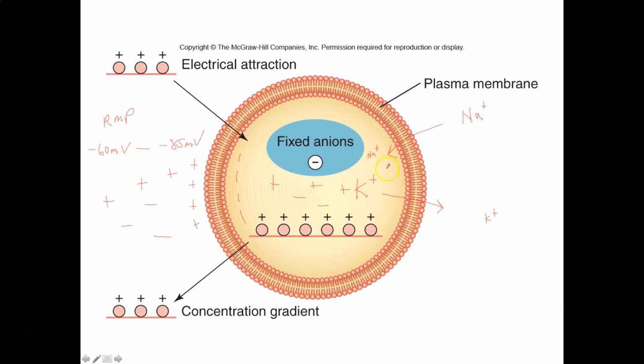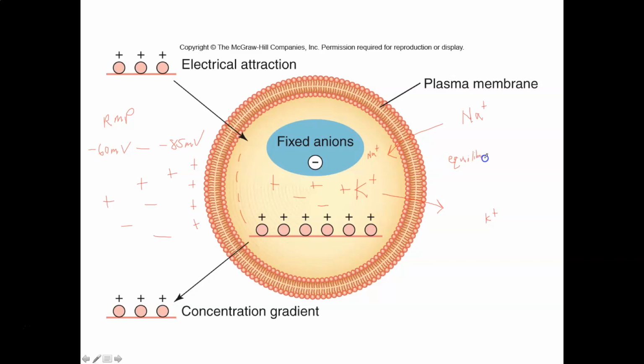But that diffusion is based on channels in the plasma membrane of cells. So depending upon the number of channels that you have in the membrane, that will dictate the permeability of both sodium and potassium. Now, if you just let sodium and potassium diffuse, they're going to reach equilibrium.